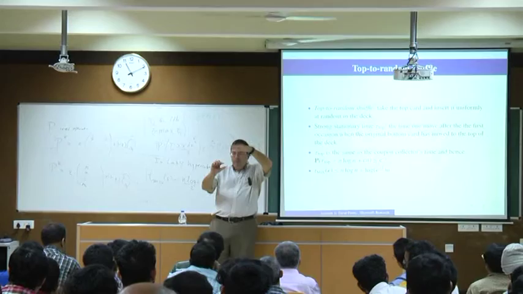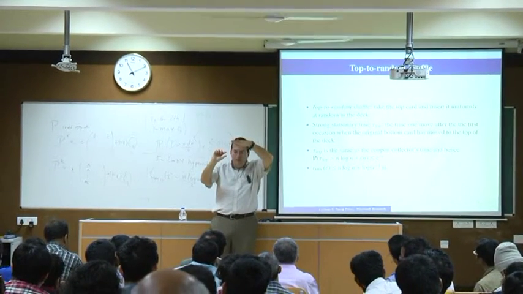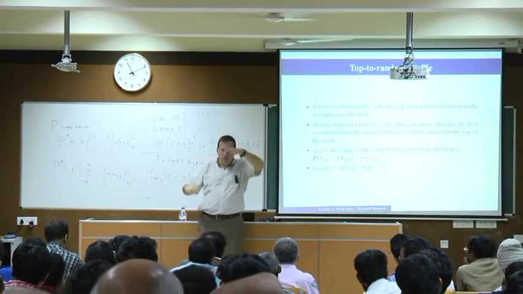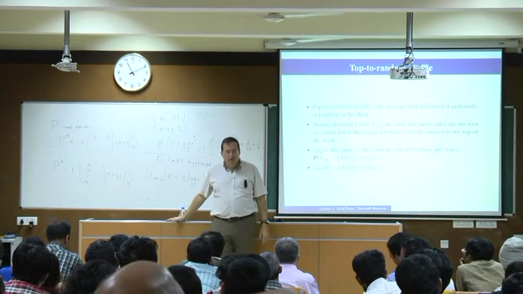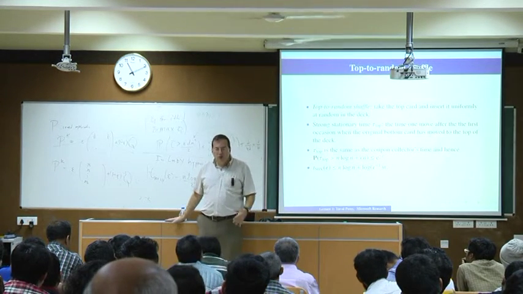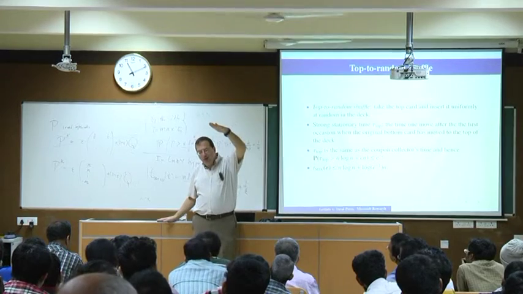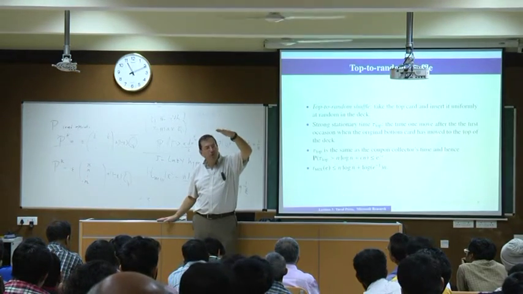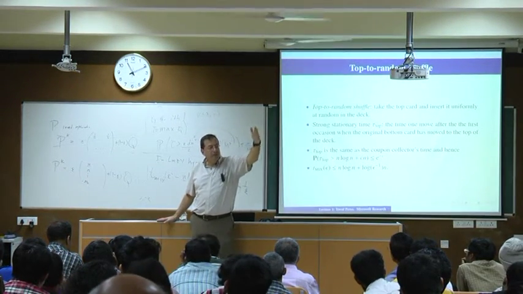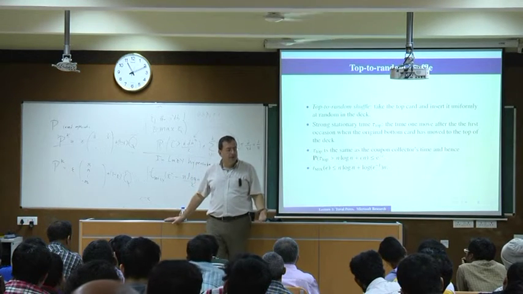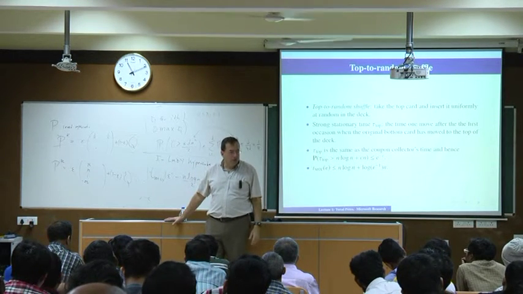Once it moves up, there are 2 available locations under it, so now it's geometric with parameter 2 over n, and so on. So the time for the bottom card to rise is the sum of these geometrics, 1 over n, 2 over n, 3 over n, the same sum that you see in the coupon collector problem, and the expectation leads to n log n.